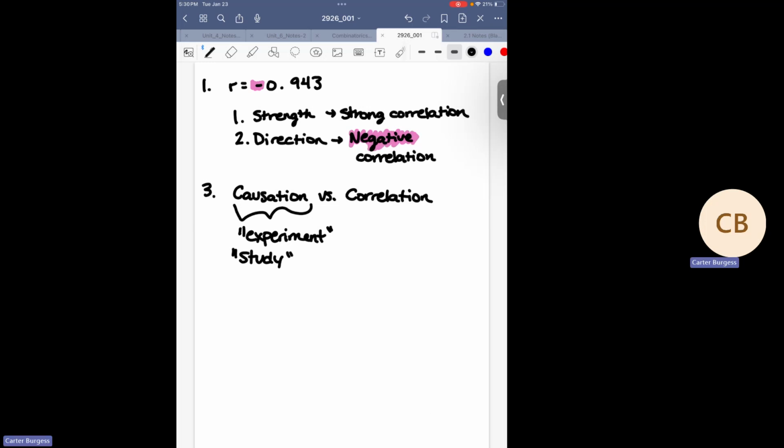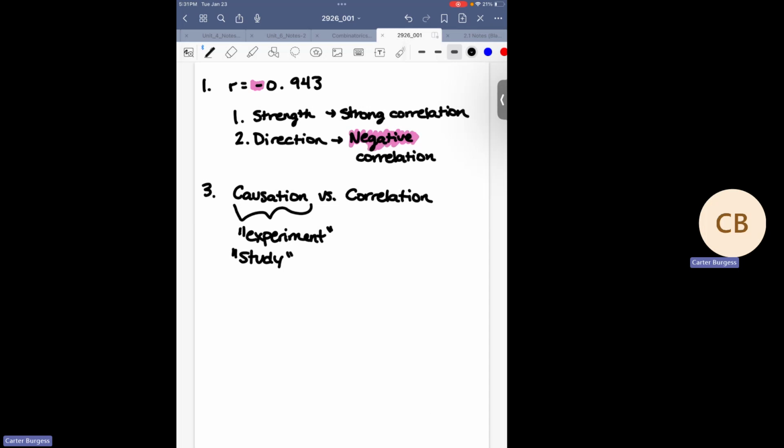And correlations are going to be everything else. If we have causation, then we also have a correlation, but we have something even stronger than saying, oh, we just have a correlation. We have a more stringent version. We have this causation. All right, so these are our buzzwords that we look for.